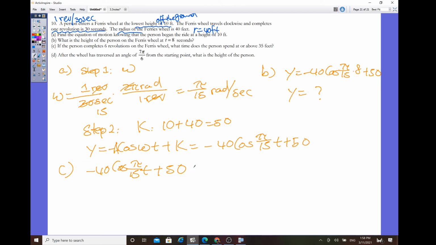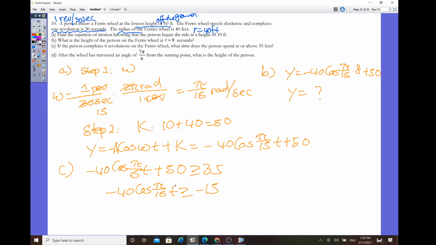We want to set that greater than or equal to 35. And then basically from here, you just want to solve for t, okay? So negative 40 cosine of pi over 15 t is greater than or equal to 35 minus 50, which is negative 15.